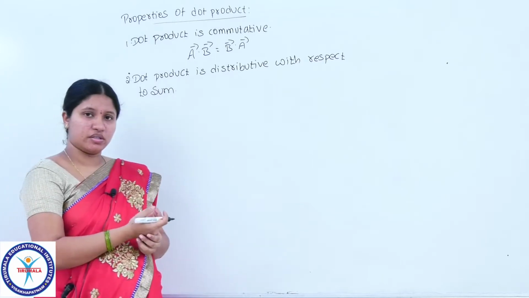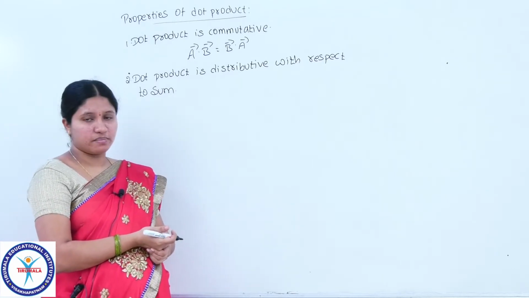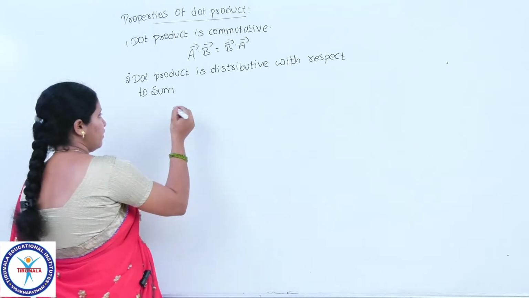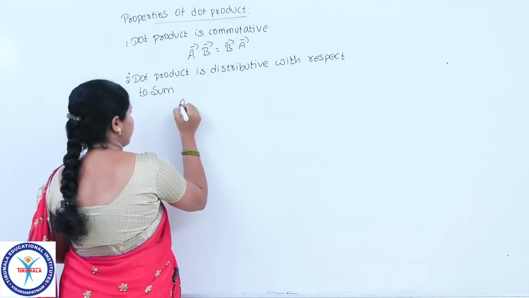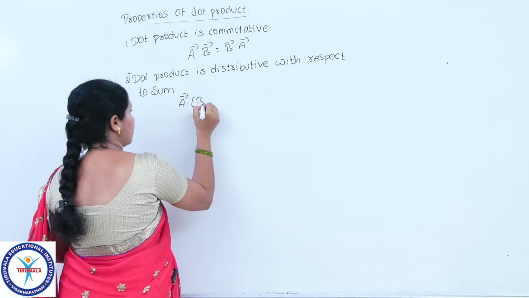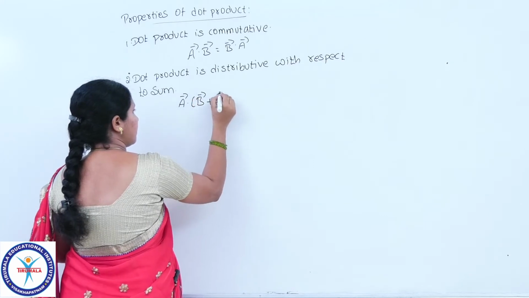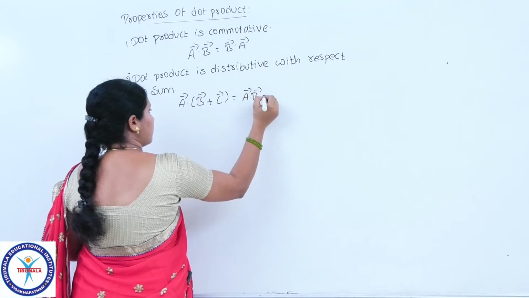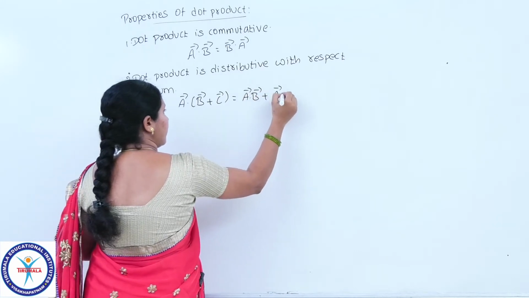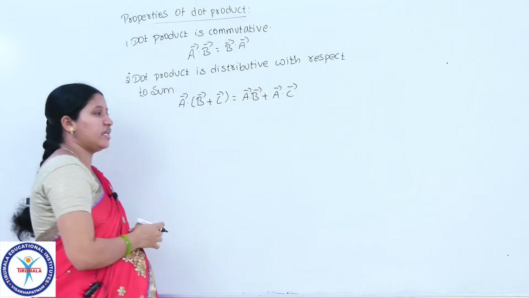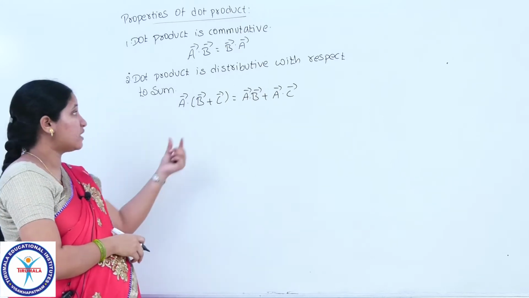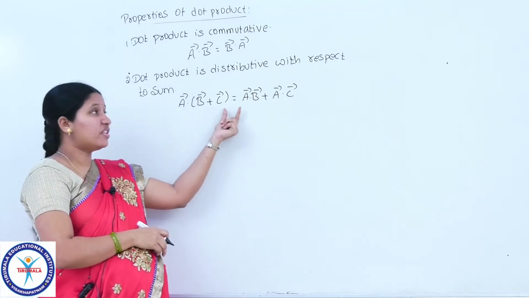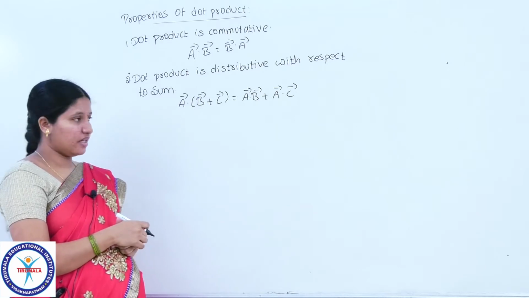Suppose if we consider A bar, B bar and C bar are the three vectors, then we can write A bar dot (B bar plus C bar) is equal to A bar dot B bar plus A bar dot C bar. Hence the dot product obeys distributive property with respect to the sum, that is addition.